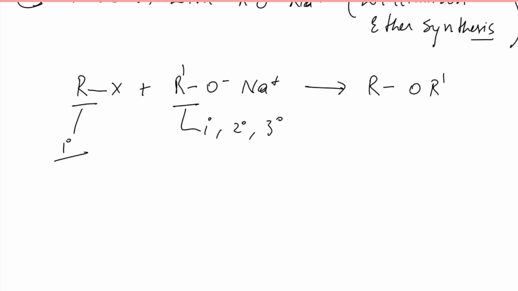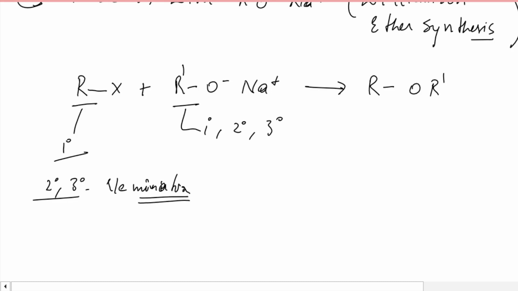This can be a benzyl or allyl group, no problem with that if the carbon is primary. In case of secondary and tertiary, this causes elimination and leads to the formation of alkenes. This we have to remember here.